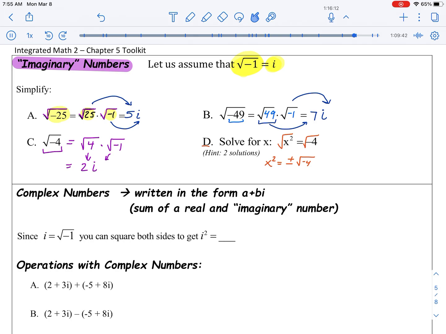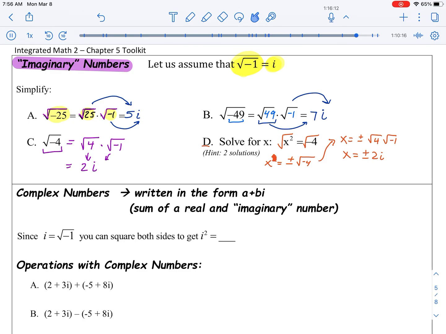Sorry, x equals the positive or negative square root of -4. So as I go to simplify that, x equals positive or negative root 4 root -1. So x equals positive or negative 2i. And there you have it, your introduction to imaginary numbers.